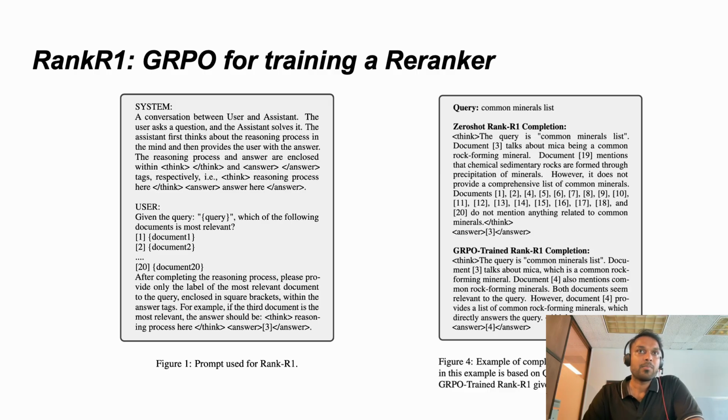So, for example, if the third document is the most relevant, the answer should be open think, close think, open answer, bracket 3, and close answer. So this last document ID would be used as a verifiable reward. On the right, they've also shown a sample example of how the GRPO trained one got it right as compared to a zero-shot Rank R1.